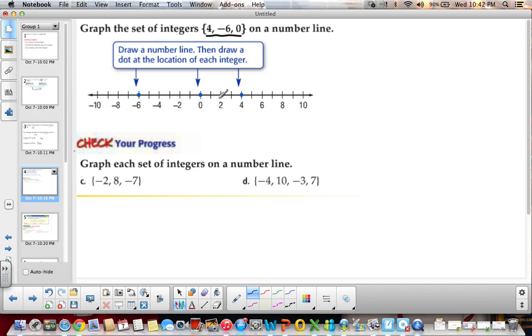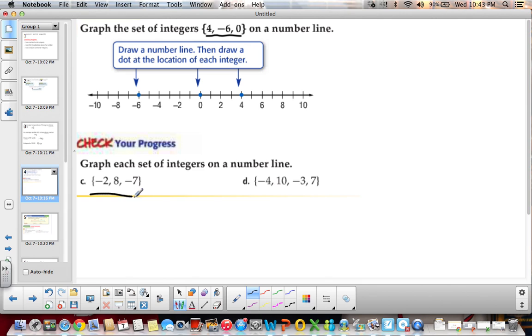First we find 0, and then 4 is positive, so we go to the right and 4 is right here. Then -6, we start at 0 again, go down to -6 and draw our dot. And then 0 is right here. Drawing a dot lets us know that's how we plot or graph it on a number line.